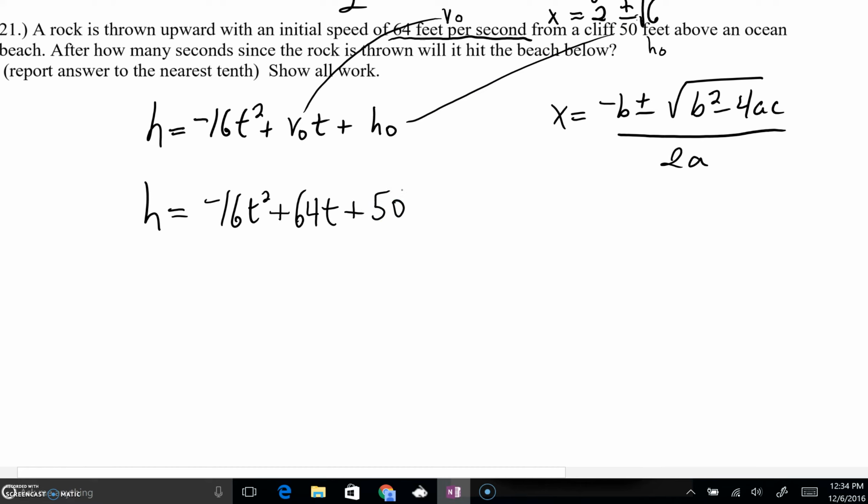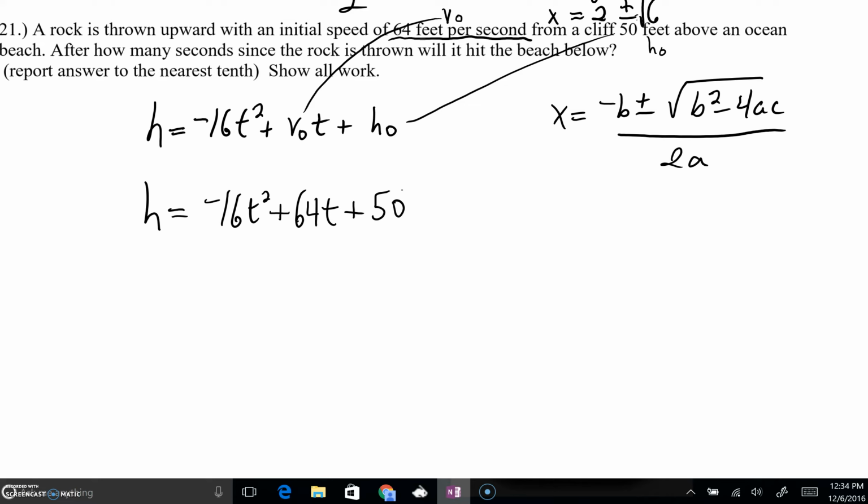And right now you have a formula that would describe the height of the rock for any given time, as long as this model is correctly modeling the situation. So you could plug in t equals 1, for example, and you can find the height of the rock 1 second after this person throws it upward.